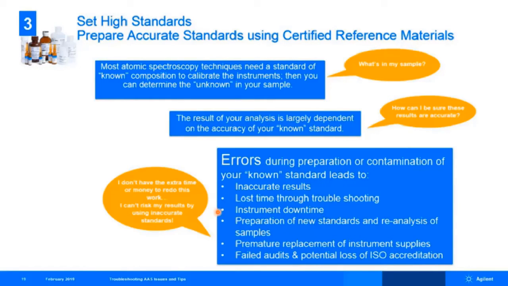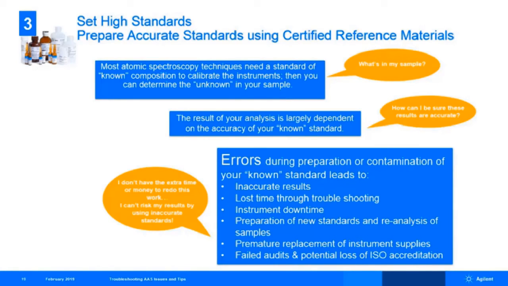That means you'll have instrument downtime. Potentially, you may even prepare new calibration standards and need to reanalyze those solutions. And that means you're going to be doing more samples, and so you'll get premature replacement of the critical instrument supplies. And there's even the potential that you may fail an audit and potentially lose your ISO accreditation.